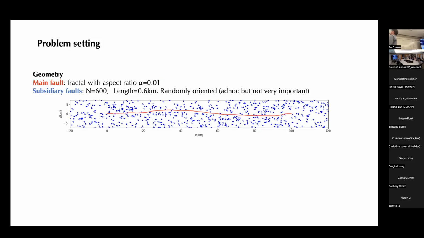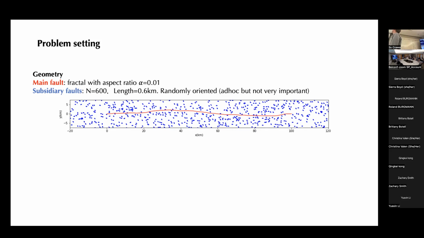And there are 600 subsidiary faults, and their lengths follow a uniform length distribution of 0.6 kilometers. This is very ad hoc, but actually we tried many different length distributions of these subsidiary faults in my numerical simulation, and the size distribution is not very important for the result.